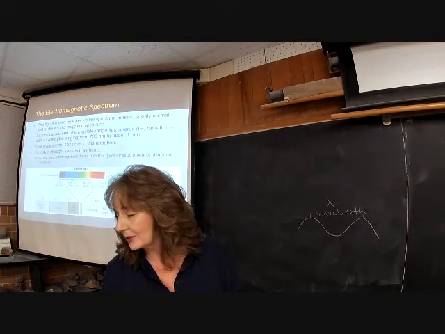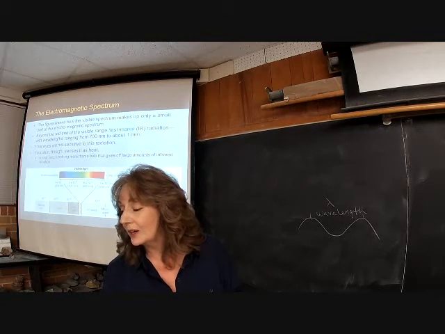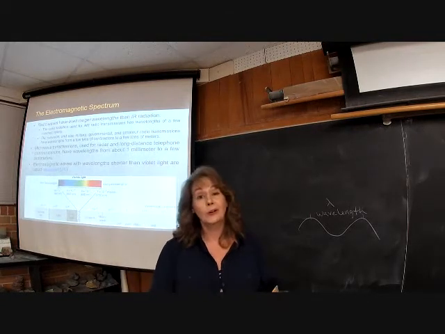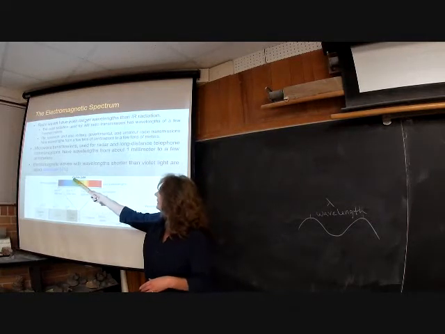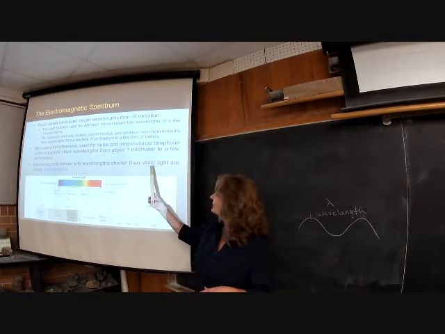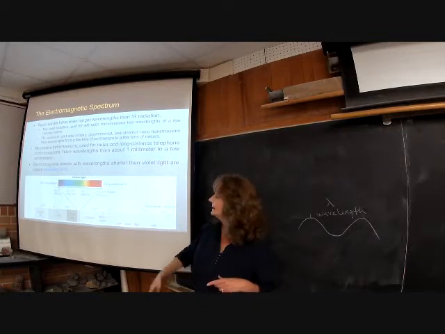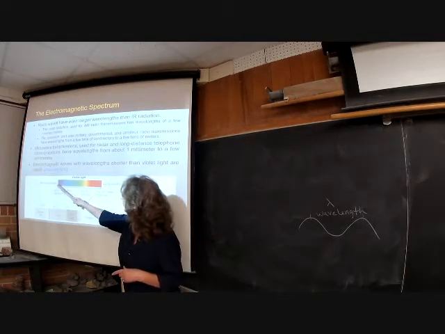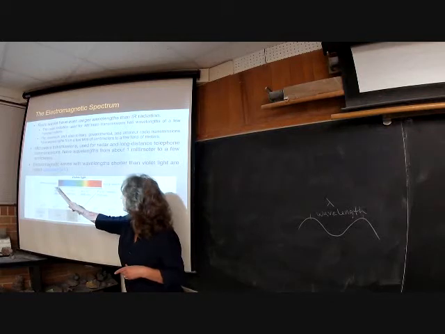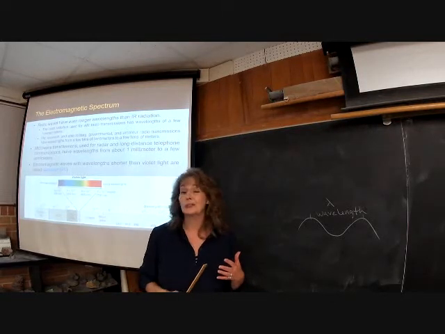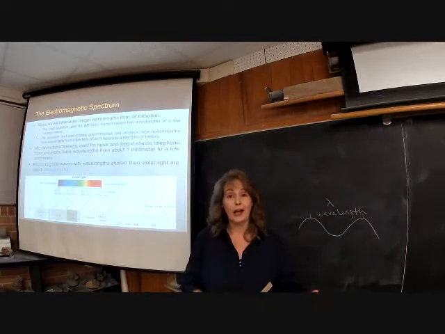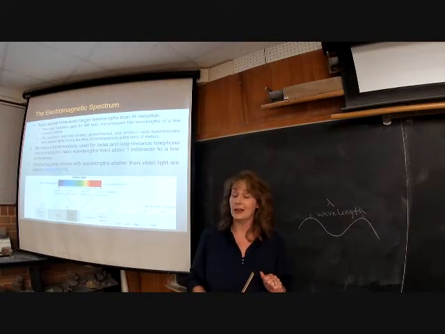You do want to make sure that you know which ones are longer, which ones are shorter. Here they're talking about the UV. They're shorter than the violet end, so they're just ultraviolet. So here's our visible end, getting to about 400 nanometers, and then the ultraviolet. We can't see ultraviolet light either.